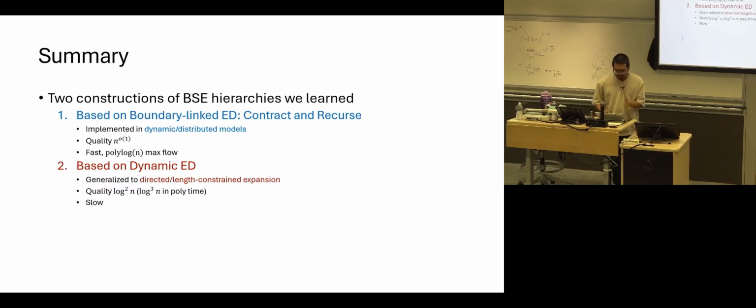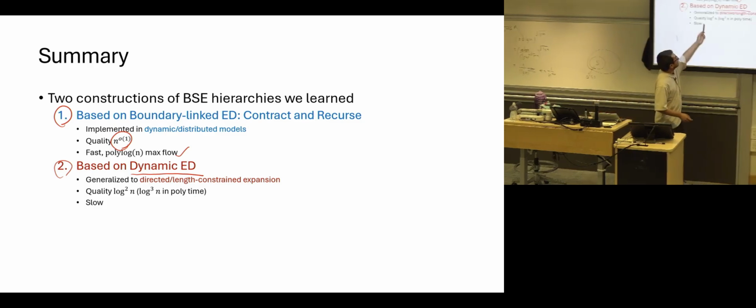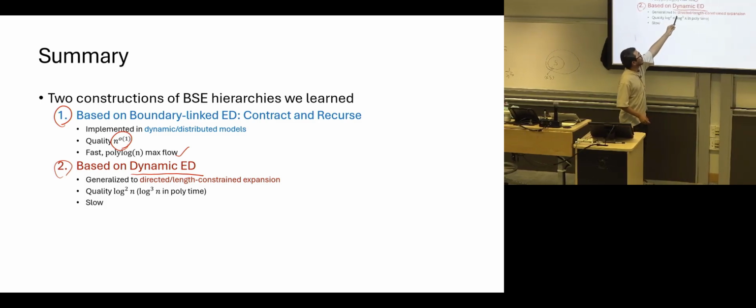Okay, let me summarize. What we have seen so far is now two constructions of the BSE hierarchy. One is today's, based on boundary-linked expander decomposition. Just contract and recurse. It's good because it's fast, but the quality is bad. The other one, based on dynamic expander decomposition, is also nice because it generalizes to directed graphs and some other expansion notions.